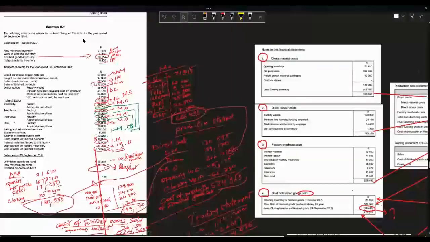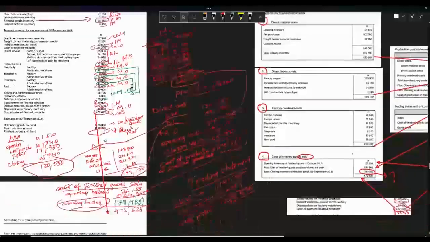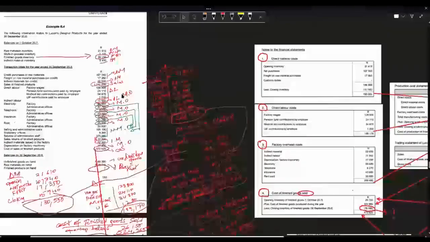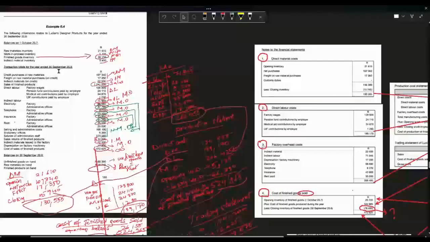You will need to do the direct material, the direct labor, and the manufacturing overhead. MO is just another way of saying manufacturing overhead.